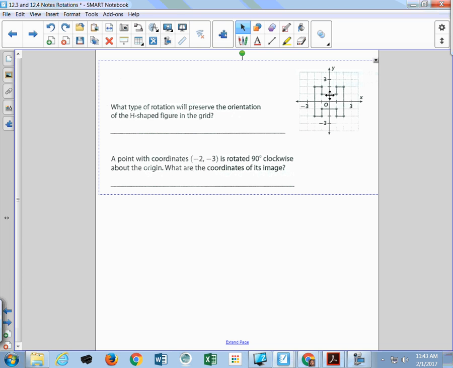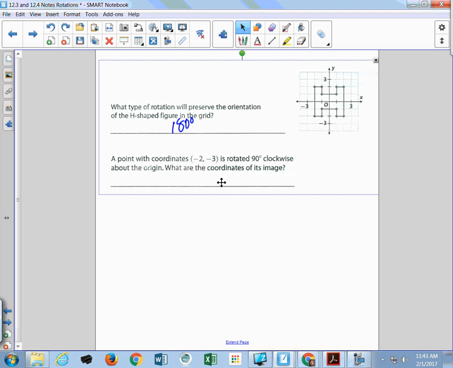Couldn't we just rotate that 180 degrees and it would look exactly the same? 180 degrees. All right. A point with coordinates -2, -3 is rotated 90 degrees clockwise about the origin. What are the coordinates of its image?